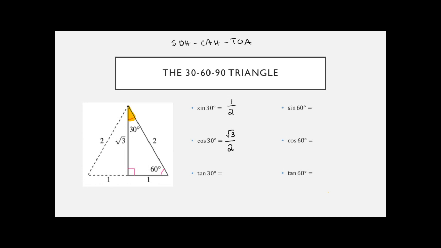So that's TOA, so that's opposite, which is 1, and adjacent, which is square root of 3. Now we don't want to leave that square root in the denominator, so we are going to rationalize it by multiplying the top and the bottom by the square root of 3. And this gives us the square root of 3 over 3. So tangent of 30 degrees is equal to square root of 3 over 3.